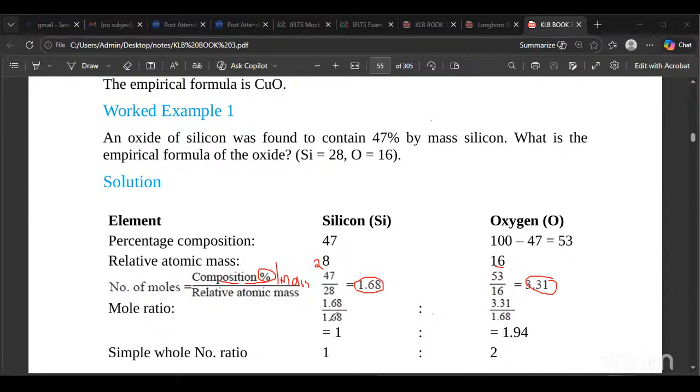So you divide by 1.68, and this one also by 1.68. So you will get now 1, and then the other one, I don't know if this one is correct, but I think it is correct, 1.94. Yeah, I hope it is correct.